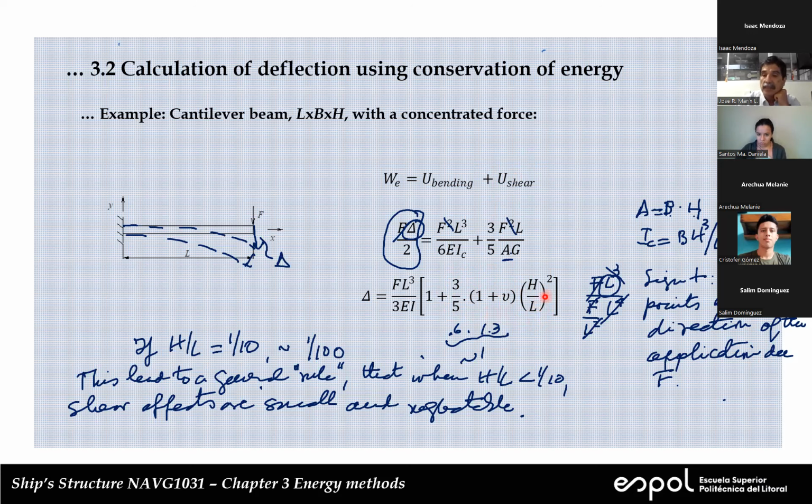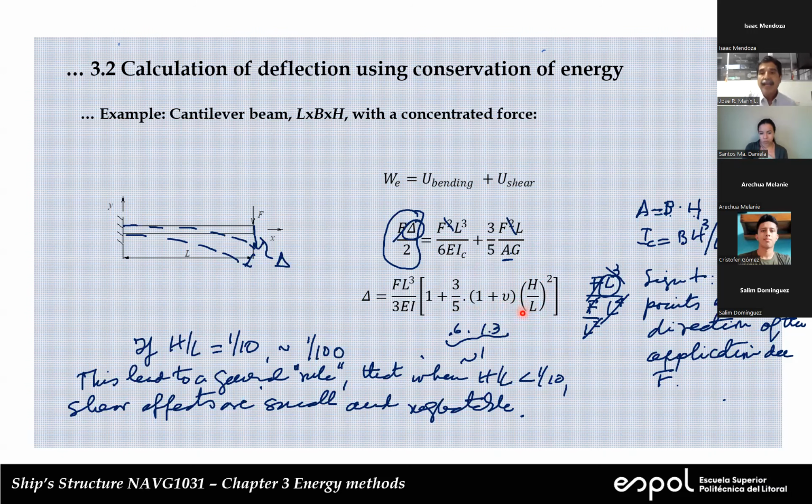And this difference is mainly driven by this ratio, H over L, right? So if the height of the beam divided by the length of the beam is small, then this term is very small and negligible, right?